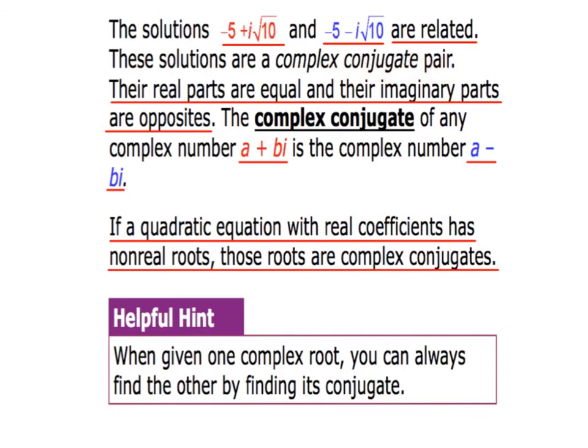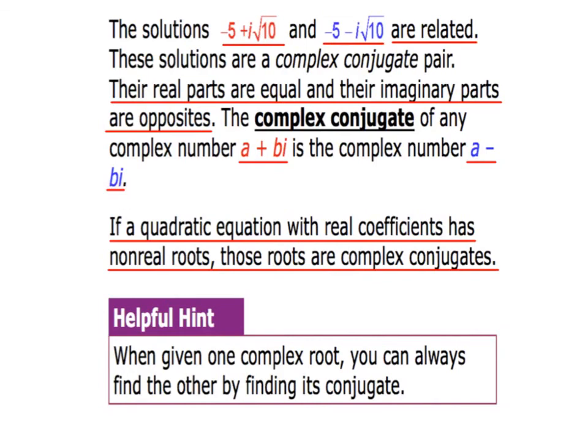Now, this leads us to something. If I have this complex number right here, a plus bi, you know that we're also going to have its complex conjugate, which would be a minus bi. So I want you to realize, in identifying roots, if you have one of them, you know the other one is hanging around there someplace.